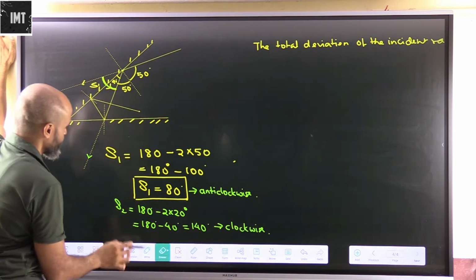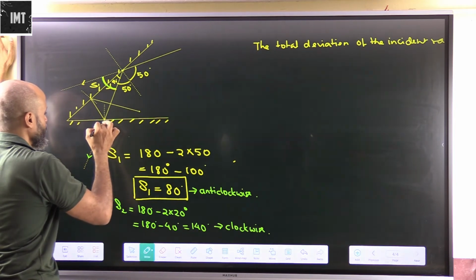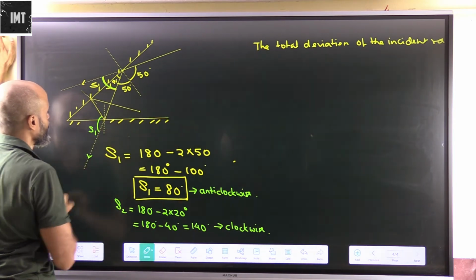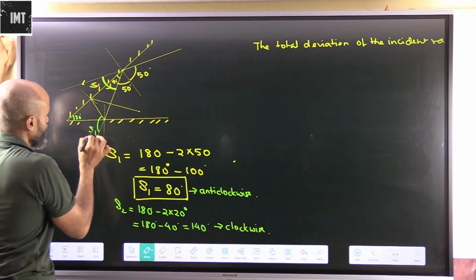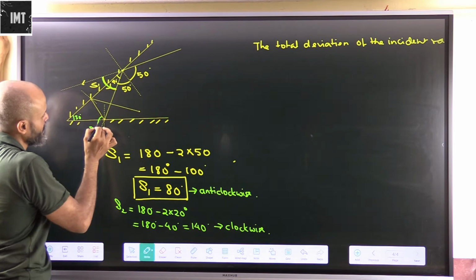Too much khichdi has happened here, so if I rub this out, we will just take this as delta 1, the value already calculated, and this is delta 2.